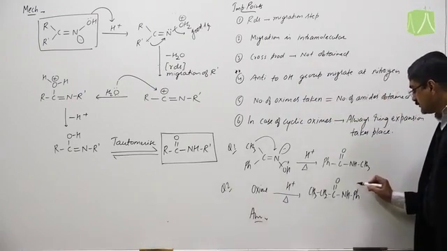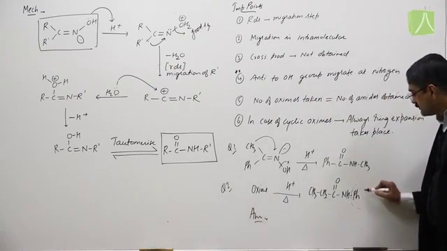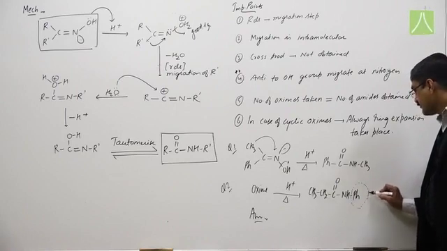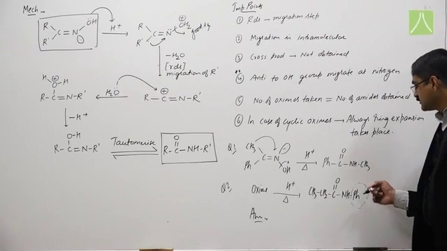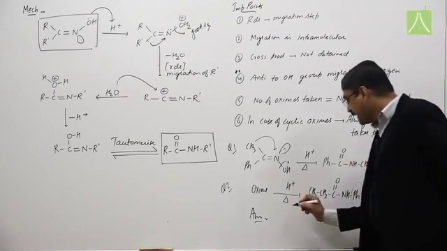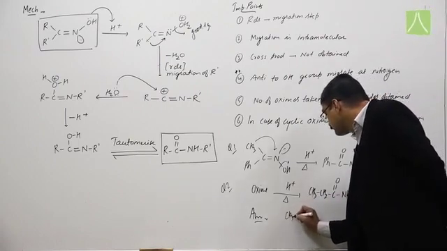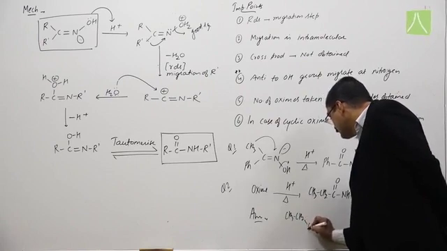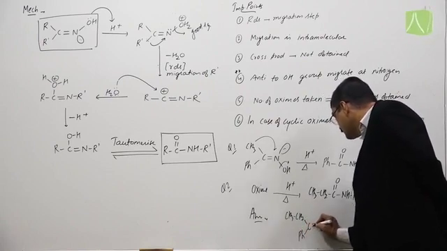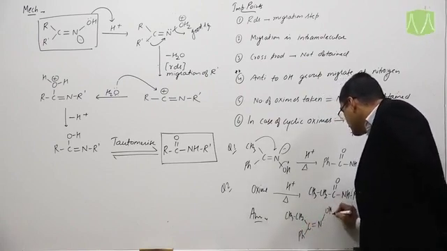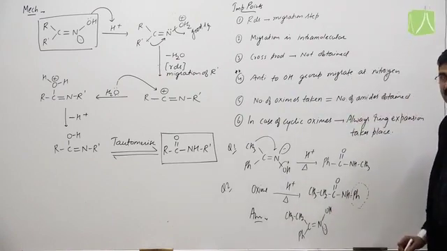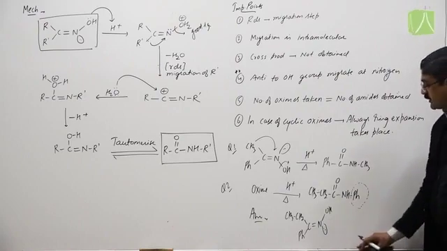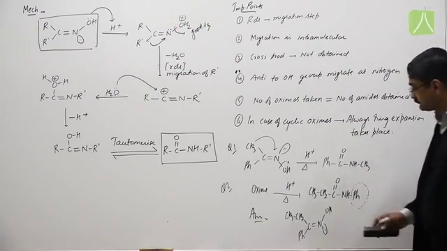First check the group present on the nitrogen atom. In this case, this is the phenyl group. The phenyl group is migrated from the carbon, so it should be at the anti position to OH. So this is the correct structure of the oxime. If I take the second isomer, then another oxime and another amide are formed.